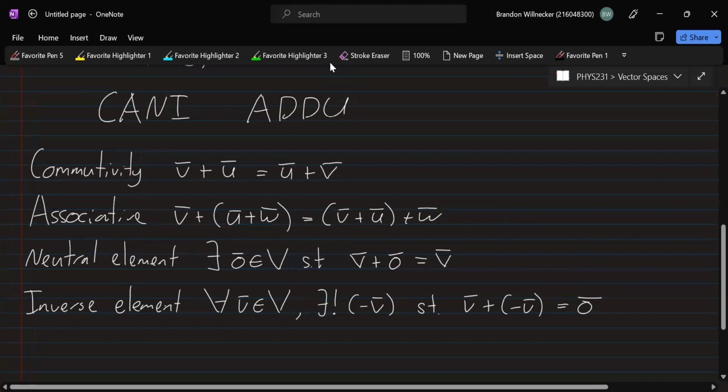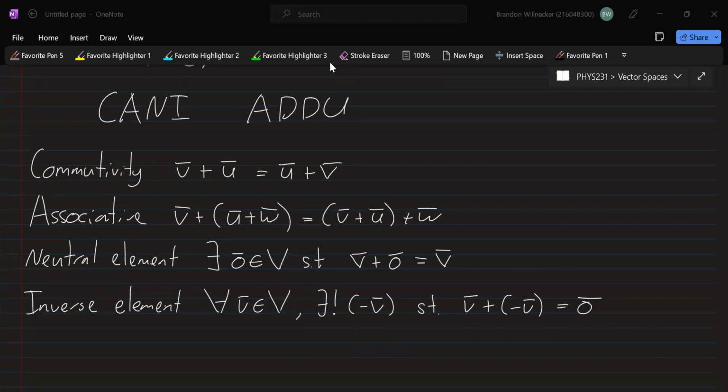So they cancel each other out to give us back the neutral element. Okay, and again, we will show this for homework, that this minus V or this inverse is unique. Okay, so we write there exists with the exclamation mark. That just means there exists a unique. We can also write this for the previous statement, there exists a unique neutral element. Yeah, and you will prove that later on.